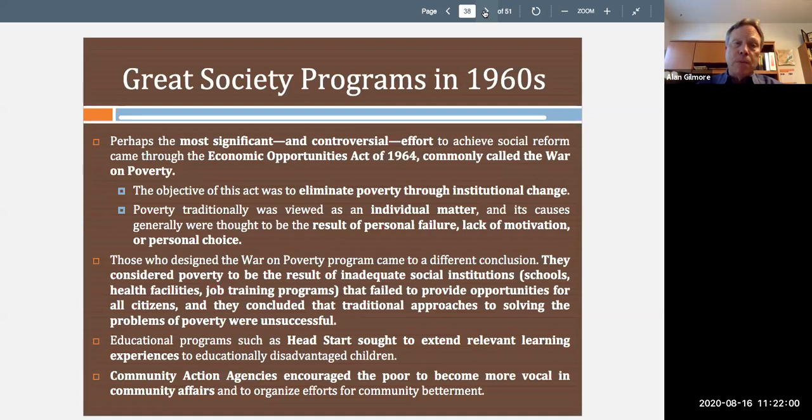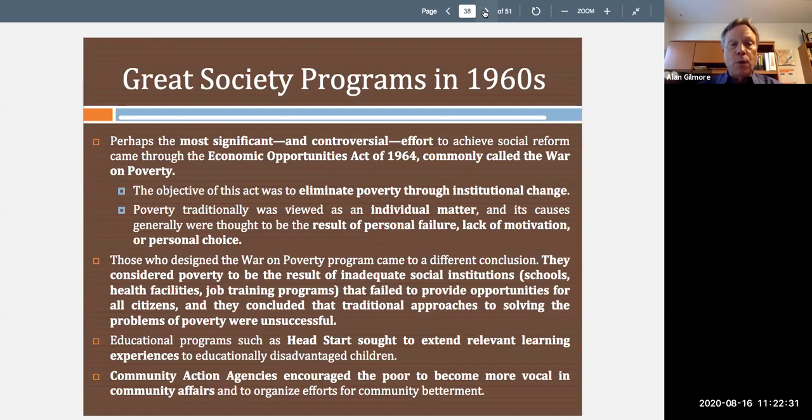So probably the most significant as well as controversial effort in terms of social reform that came out of the Great Society programs was the Economic Opportunity Act of 1964, which is often referred to as the War on Poverty. And this was a real flip in terms of taking a look at poverty as being something that people didn't necessarily bring upon themselves, but that may be a result of the communities or the environment in which they live.